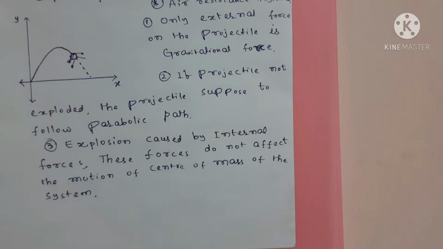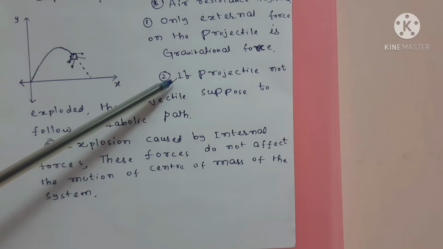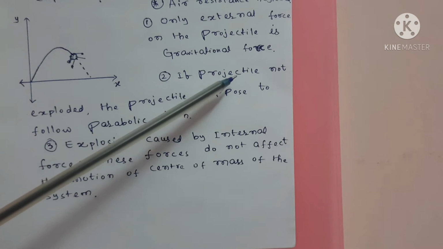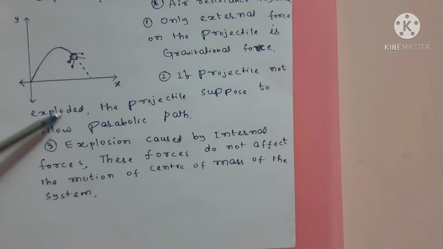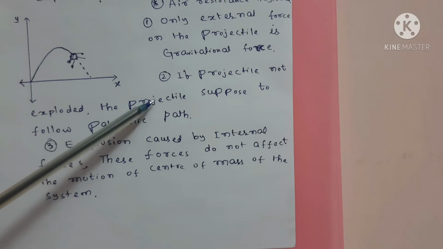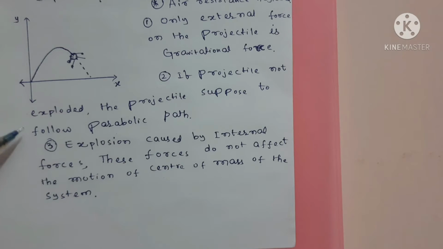Okay, see here, the second point is, if the projectile is not exploded, the projectile is supposed to follow a parabolic path. Suppose it is not exploded, it's supposed to follow this path. This dashed line is there, no? It's supposed to go like this.